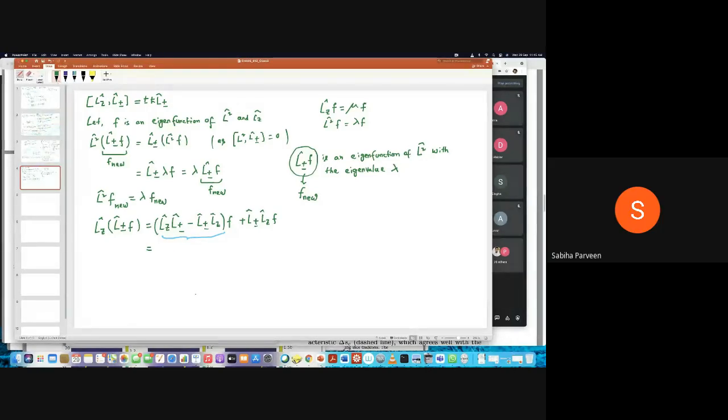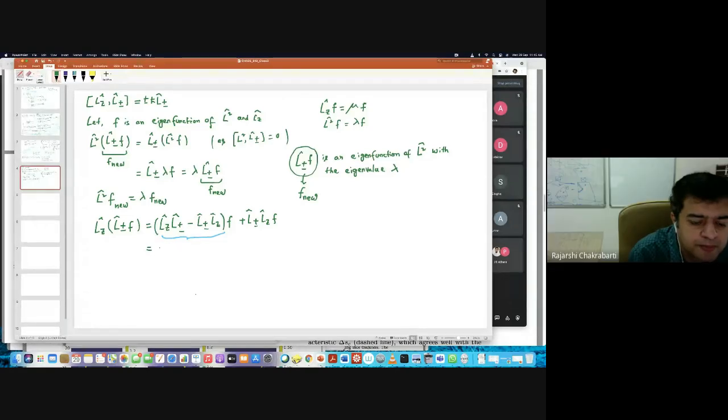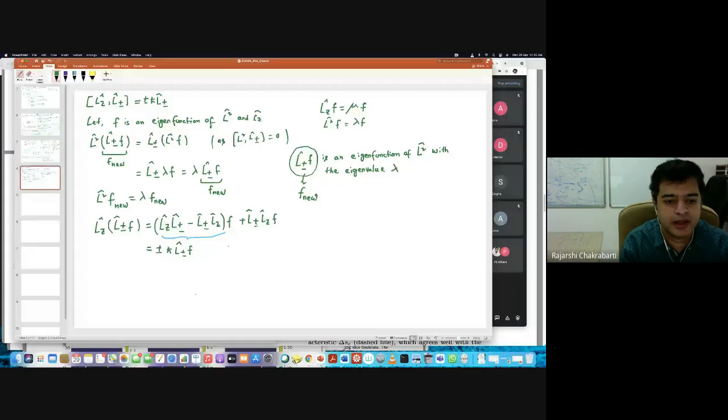So this one is going to be plus minus h cross L plus minus on f. That is what you have, isn't it? And then plus what you have?